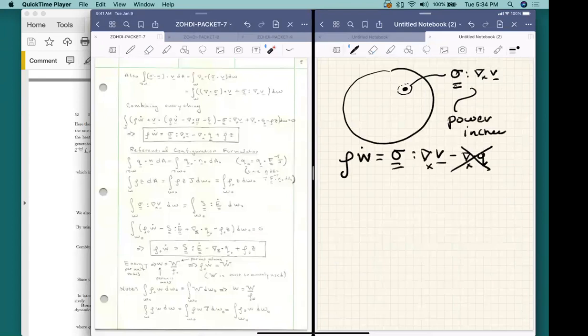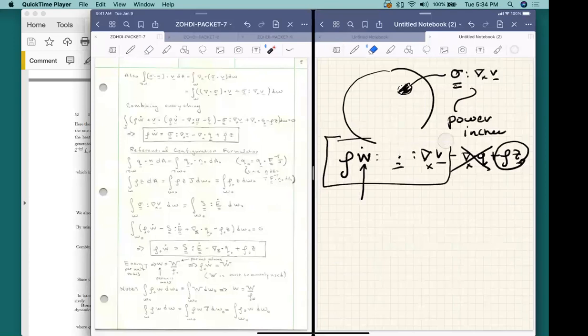Suppose I put no heat input, even in the absence of any source input, for example, no laser and so forth. If I just looked at the contribution of these two terms, the amount of energy that increases in that location is directly related to the product of the stress and the gradient of the velocity.